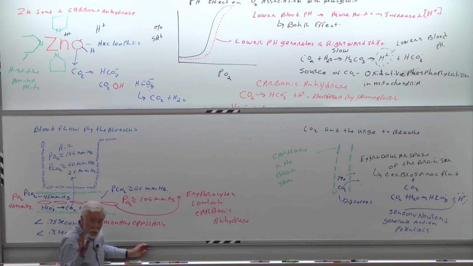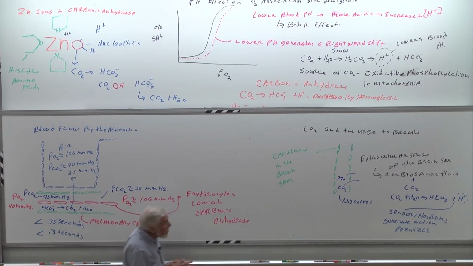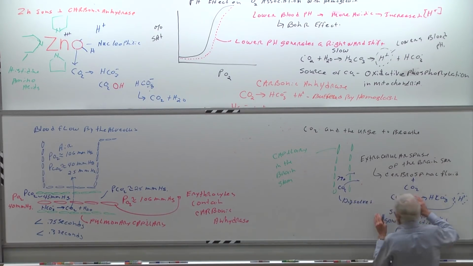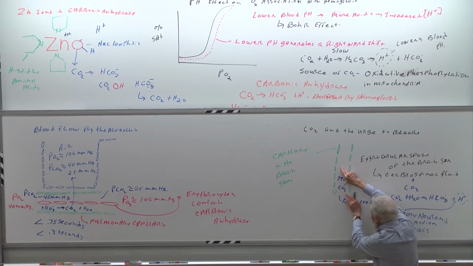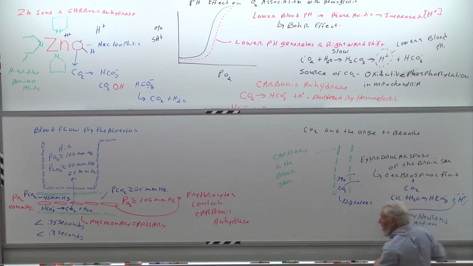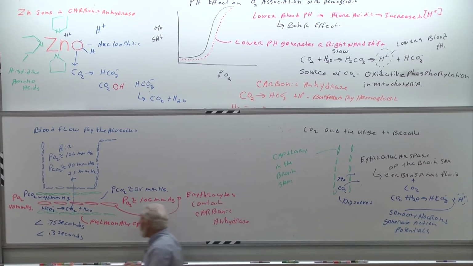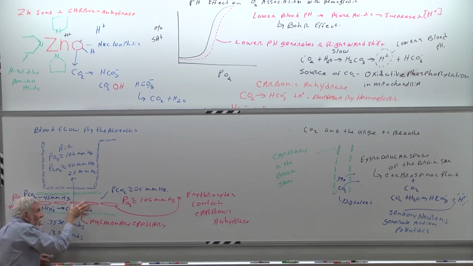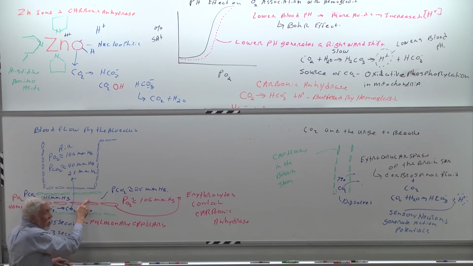In the final few minutes, let me talk about the peripheral chemoreceptors. What we've emphasized here is the role of hydrogen ion in the brainstem. And almost all the time when you're just sitting around, this is what you're using. But there are circumstances where we'll start using changes in the carbon dioxide level as they exit the alveolar region.